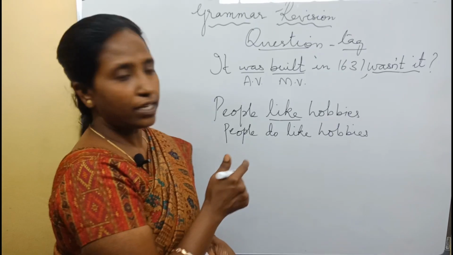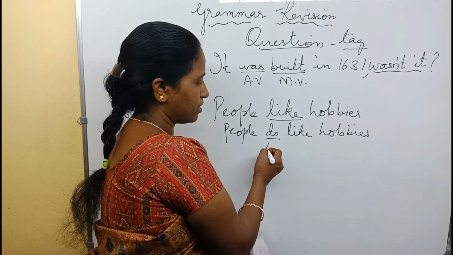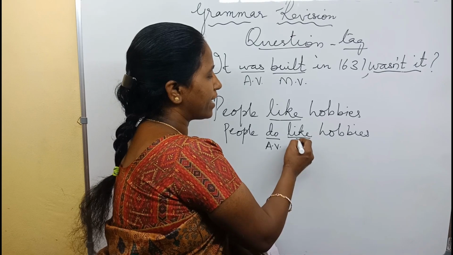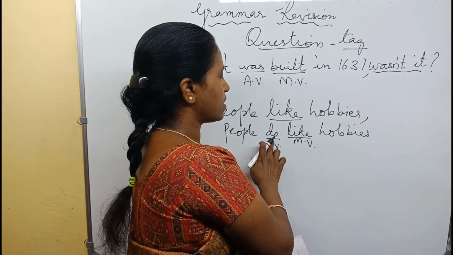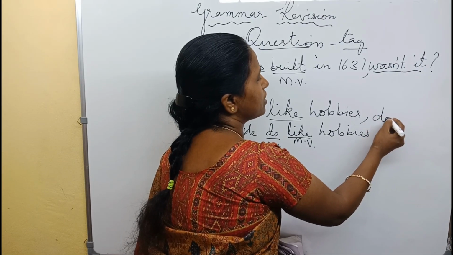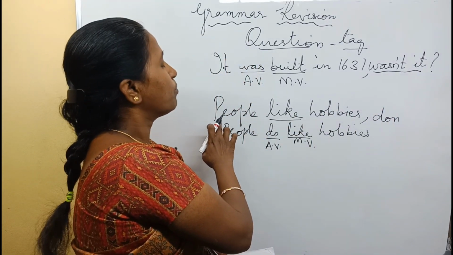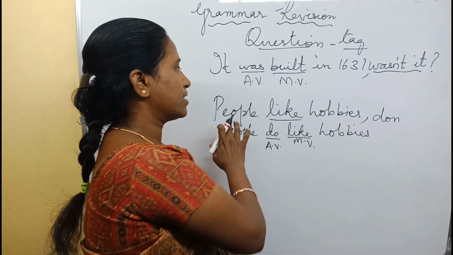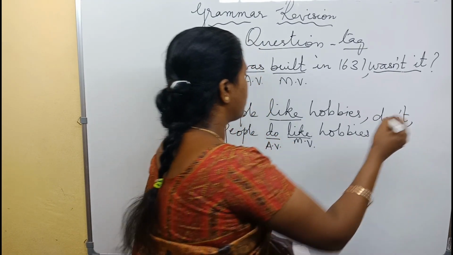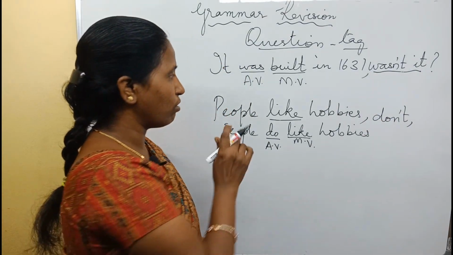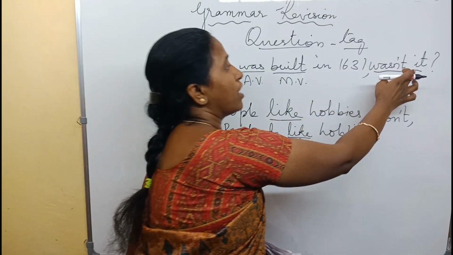If you see here, what is the auxiliary verb? Do is the auxiliary verb and like is the main verb. So what will be your question tag? Just see whether it is a positive or negative sentence. This sentence is positive, so our question tag will be negative. Now look, I said you should use the pronoun only.